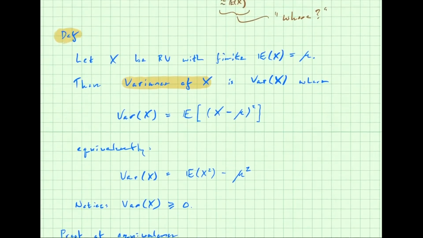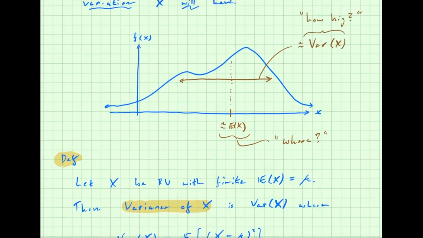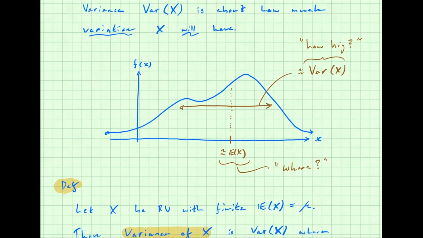Here's its defining formula: it's the squared difference between the variable and its mean, so it's going to have units of meters squared. So if you go to this picture, this thing here would be something like meters, and this, if it's actually the variance, would be meters squared. And so you might want to use the square root of the variance, or the standard deviation.